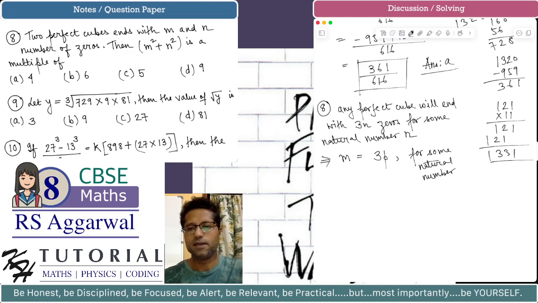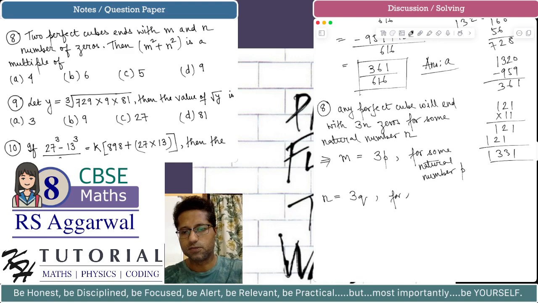Hence m is of the form 3p, where p is some natural number. Also n has to be a multiple of 3, let's say 3q, where q is also some natural number.